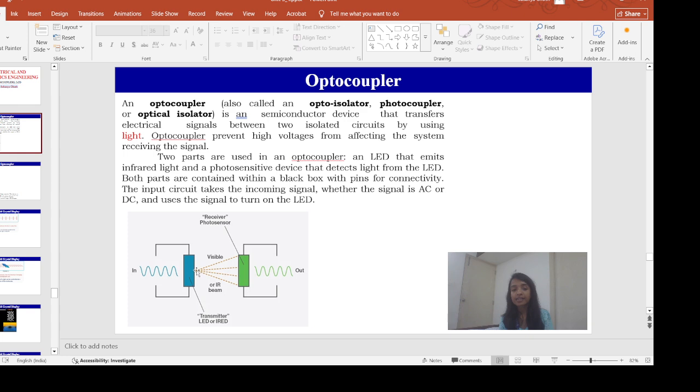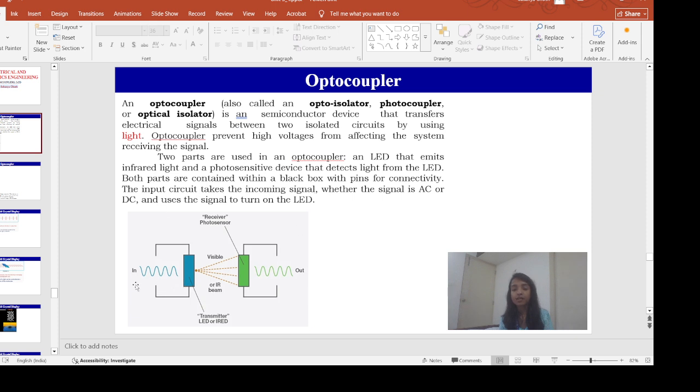But in case the LED is not emitting the infrared light, that means when we are not giving any electric supply, the phototransistor at the receiver side will remain off. So the input circuit takes the incoming signal.